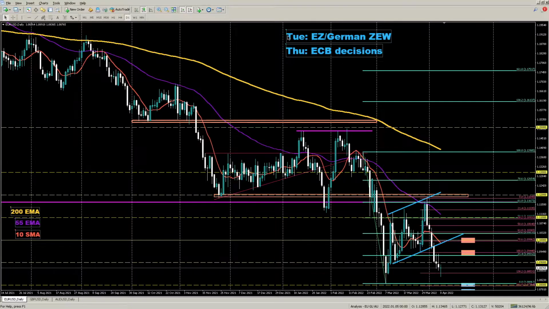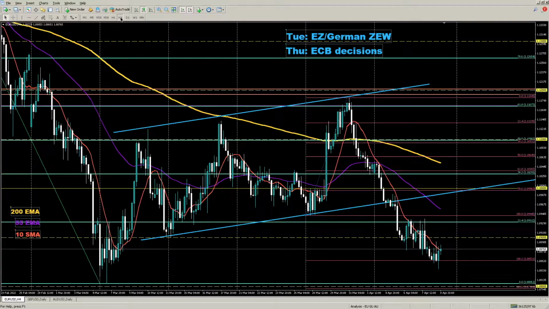Okay, so ECB on Thursday, and prior to that, the Eurozone and German ZEW economic sentiment figure. And then Friday is already a holiday for the European region and UK, as well as the Australian area. Let's also take a quick look at the 4-hour time frame.